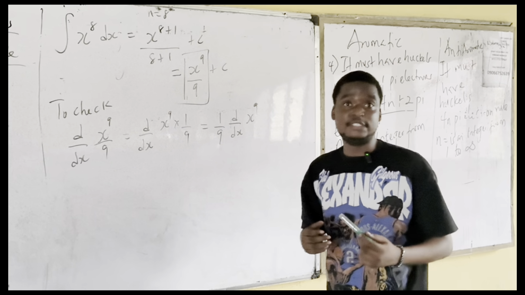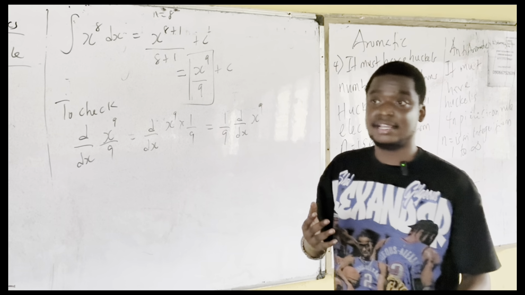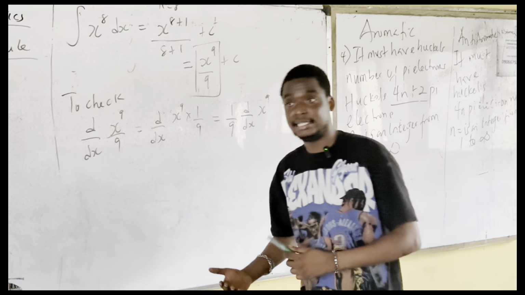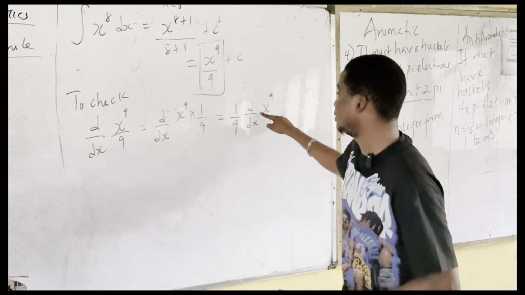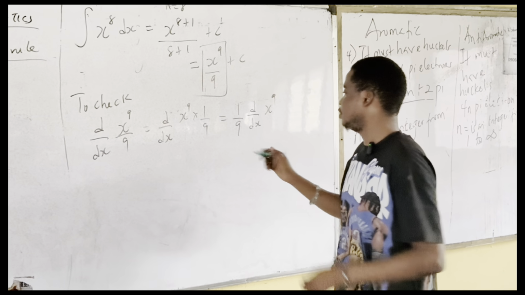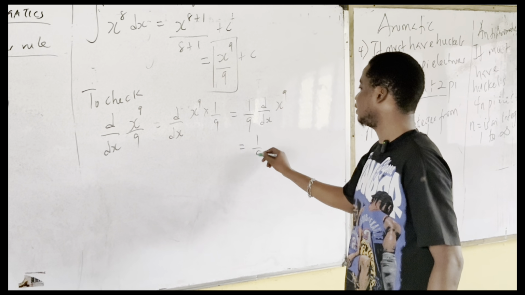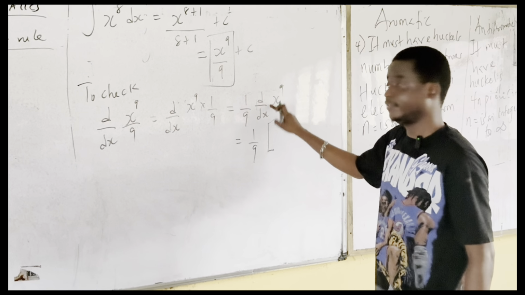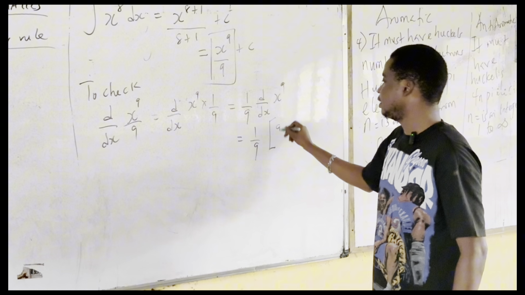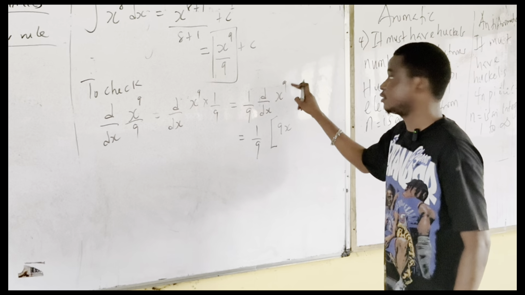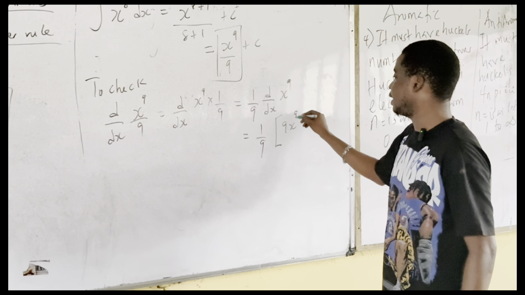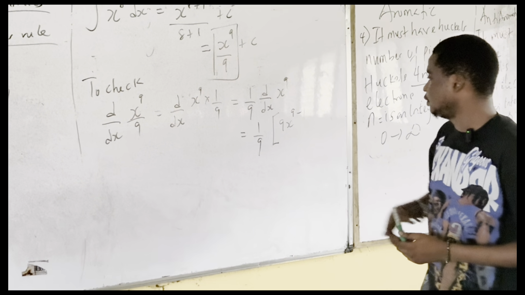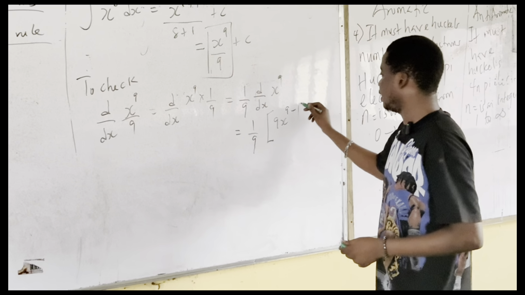Now, the power rule of differentiation is the power times the coefficient, then power minus 1. The power here is 9, so you multiply by the coefficient of x, which is 1, so it's going to be 9x, then you subtract 1 from the power, so 9 minus 1.